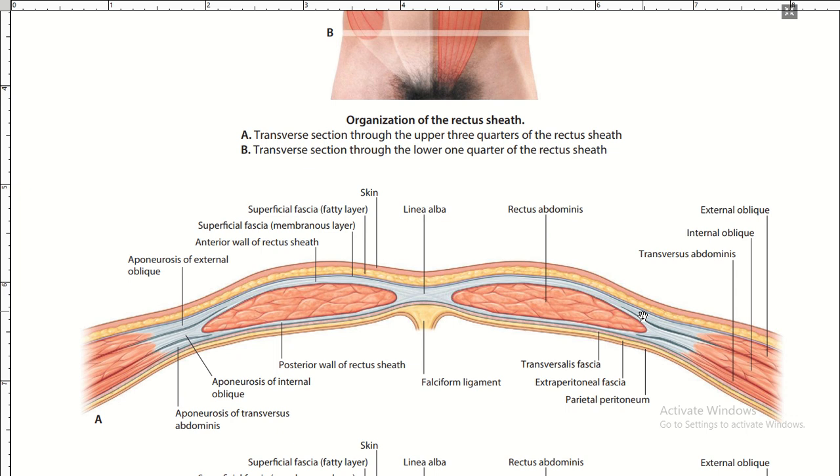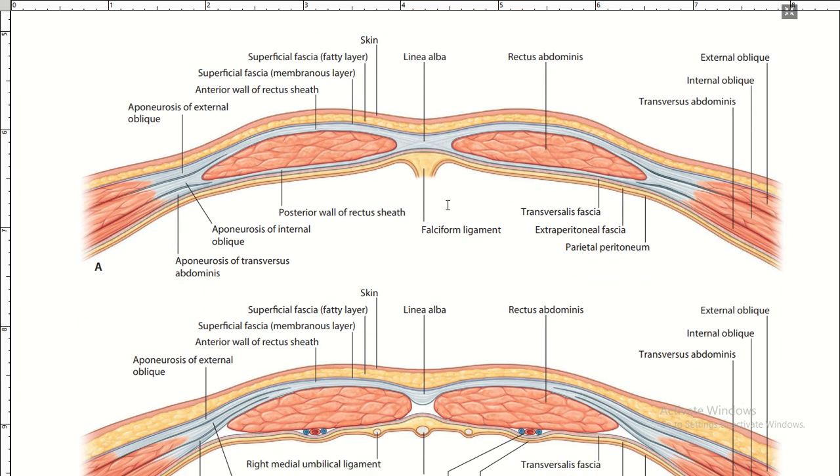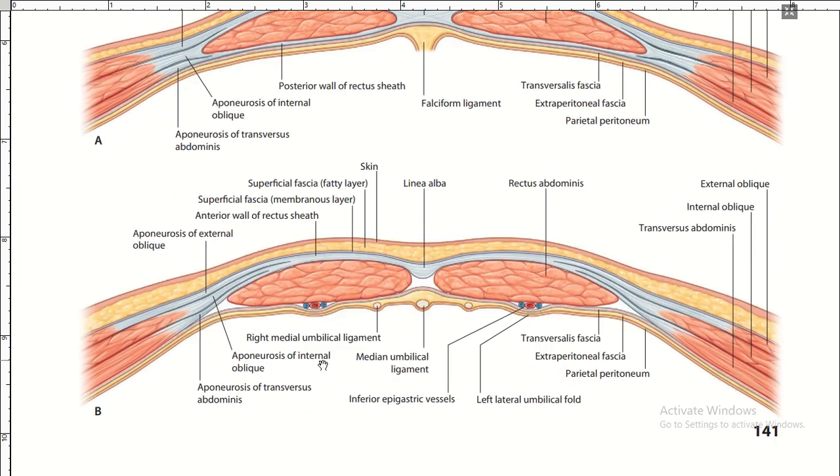Before I go there, I want you to see the rectus sheath. Actually, its orientation differs depending on the region of the transverse section. If we go at this region B, at the level of the superior iliac spine, you're going to see something like this.